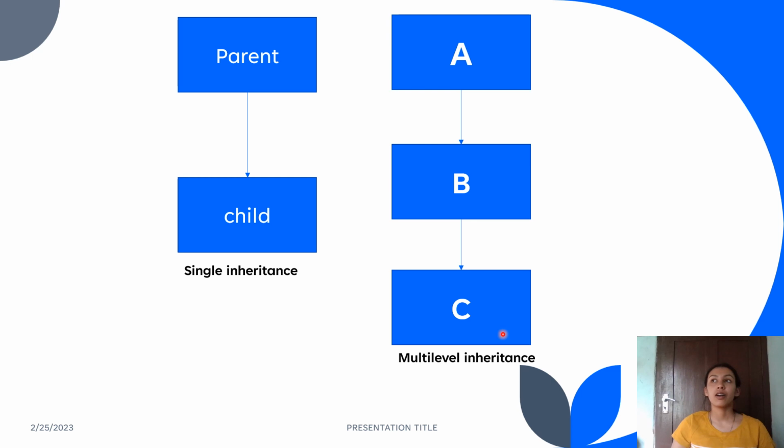Multi-level inheritance we can demonstrate as a grandparent, parent, child relationship. So let's take A as grandparent, B as parent, and C as child.